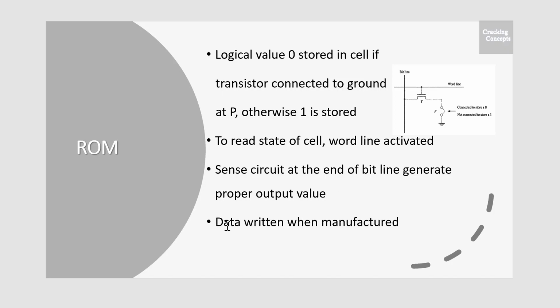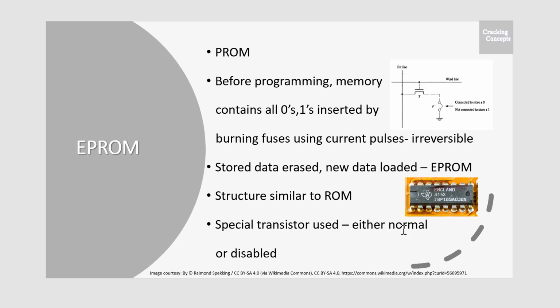Data are written into a ROM when it is manufactured. Some ROM designs allow data to be loaded by the user, thus providing a programmable ROM or PROM. Programming is achieved by inserting a fuse at point P. Before it is programmed, the memory contains all zeros.